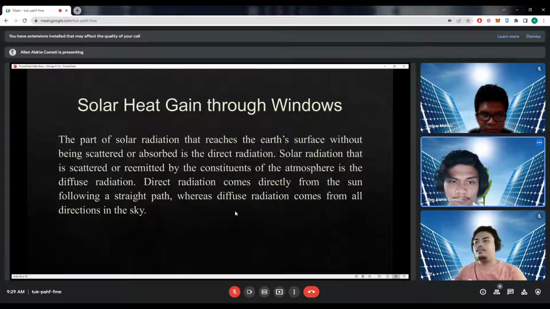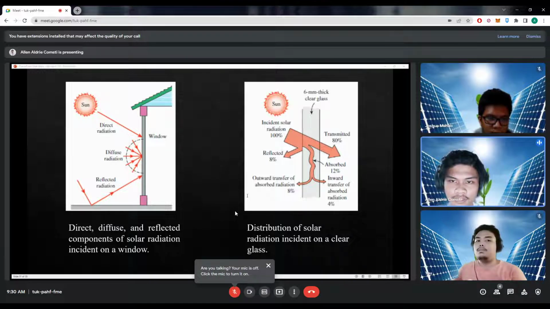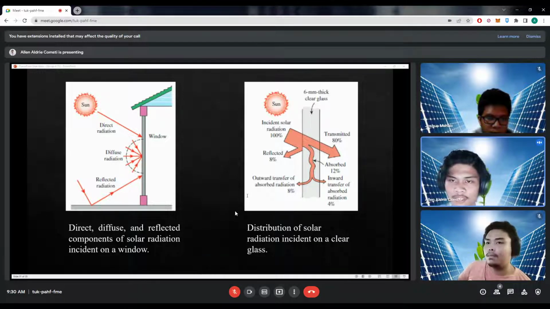sky. In the left figure, these are the direct, diffuse, and reflected components of solar radiation incident on a window. The radiation reaching a surface in general consists of three components: direct radiation, diffuse radiation, and radiation reflected onto the surface from surrounding surfaces.